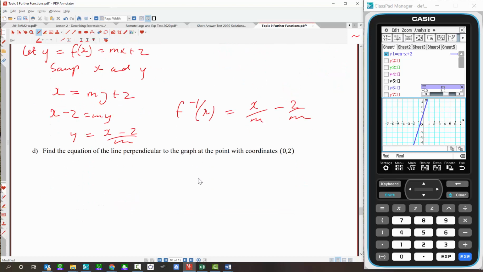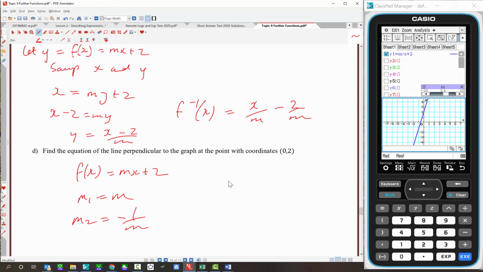Find the equation of the line perpendicular to the graph at the point with the coordinates 0, 2. So my original function is f of x equals mx plus 2. So its gradient is m. If we're looking for the line perpendicular, it'll be the negative reciprocal of m.